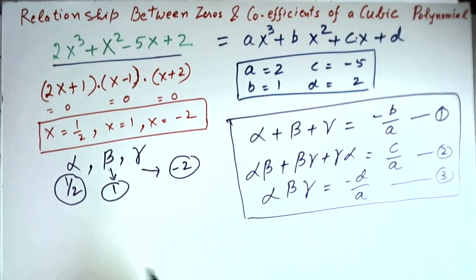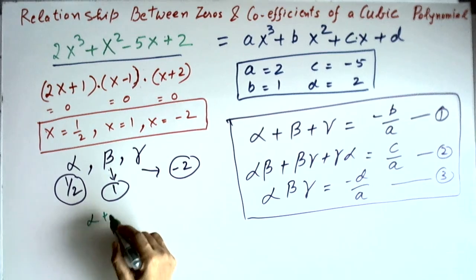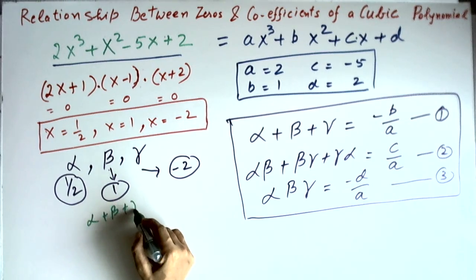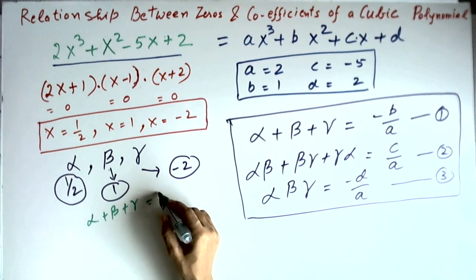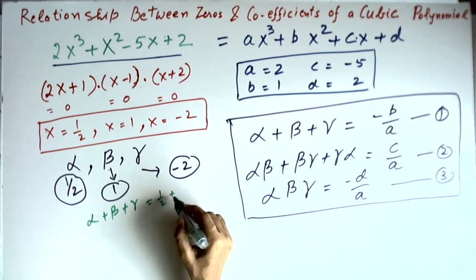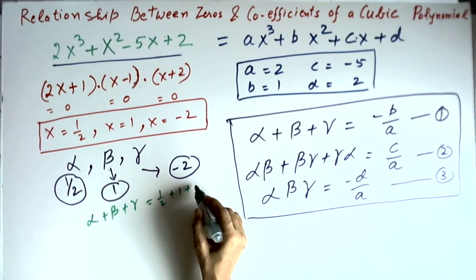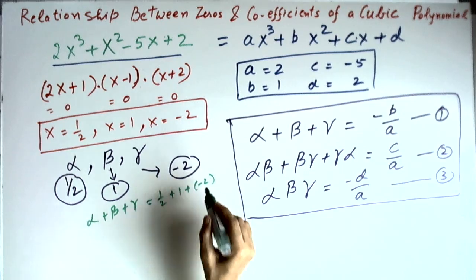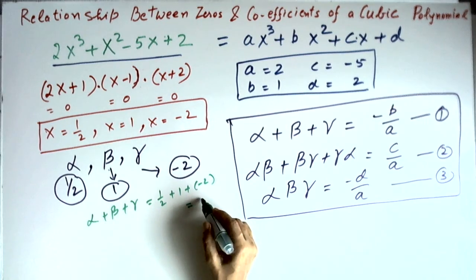So here alpha plus beta plus gamma will become alpha is half, beta is 1 and gamma is minus 2. Therefore this is equal to minus half.